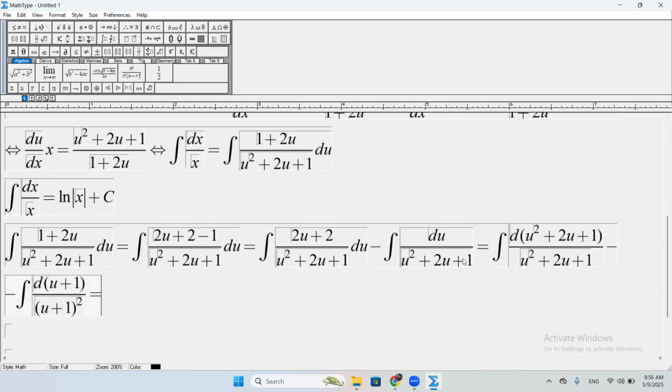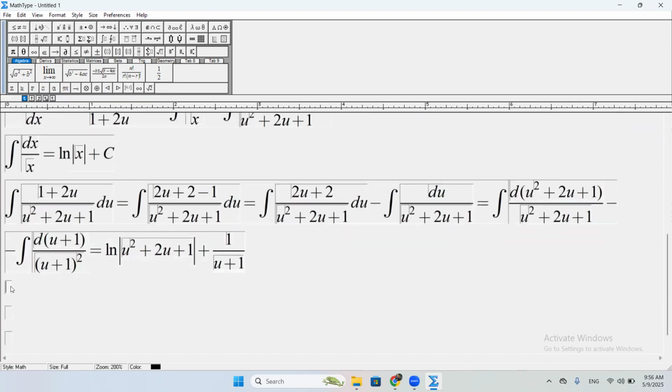So we have the logarithm of the module of this expression, and minus, not minus, plus 1 over u plus 1.